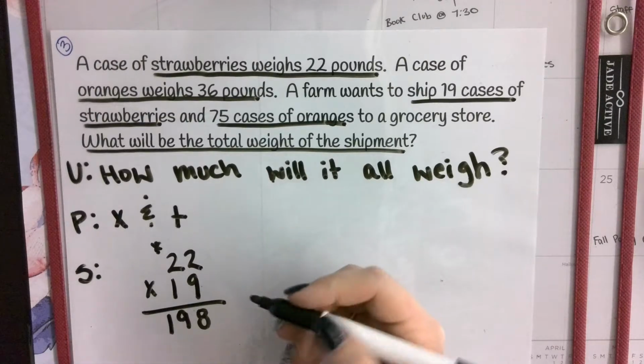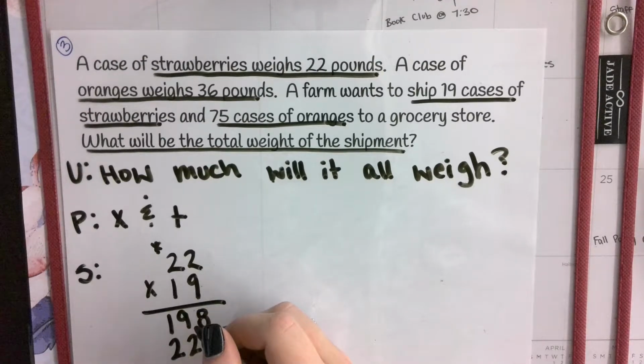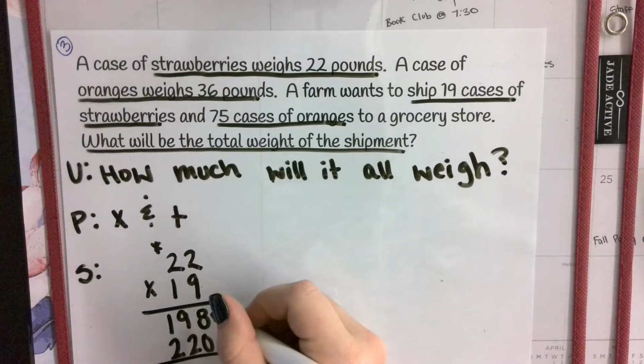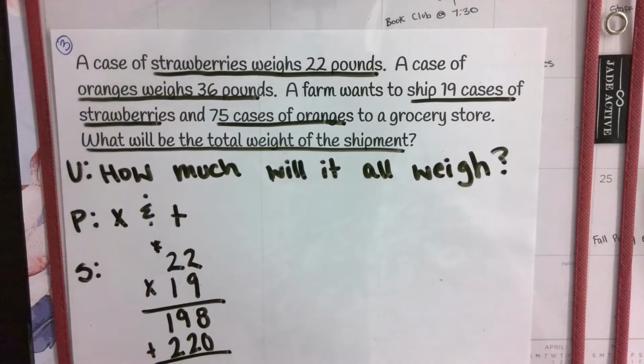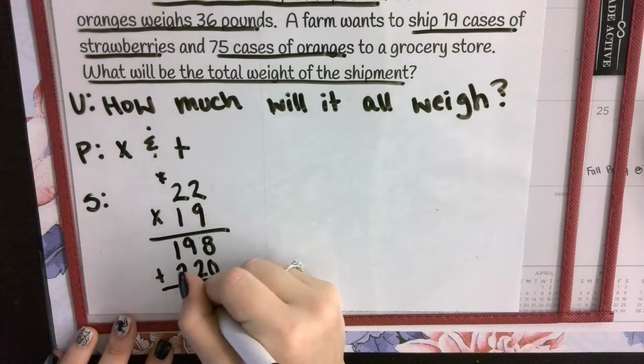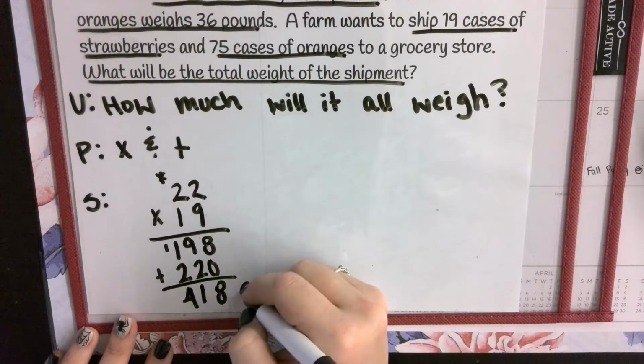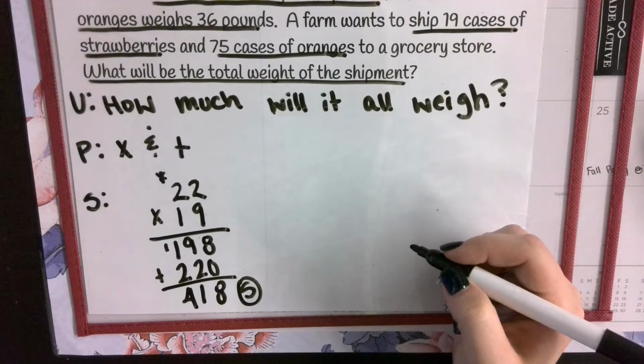And then they can't forget to put the 0. 1 times 2. So the strawberries weigh 418 pounds.